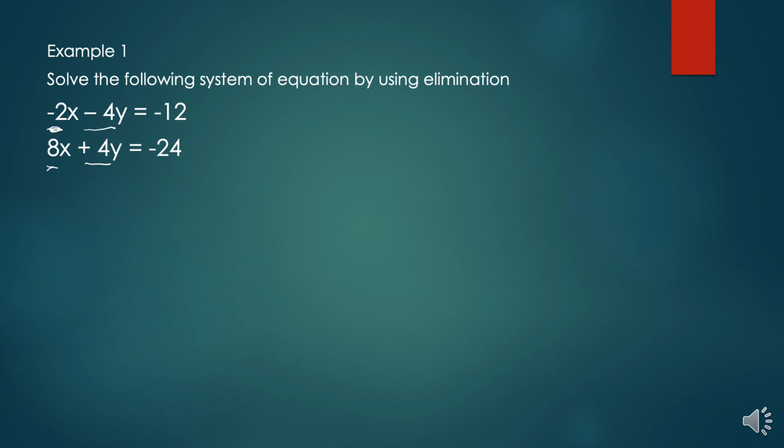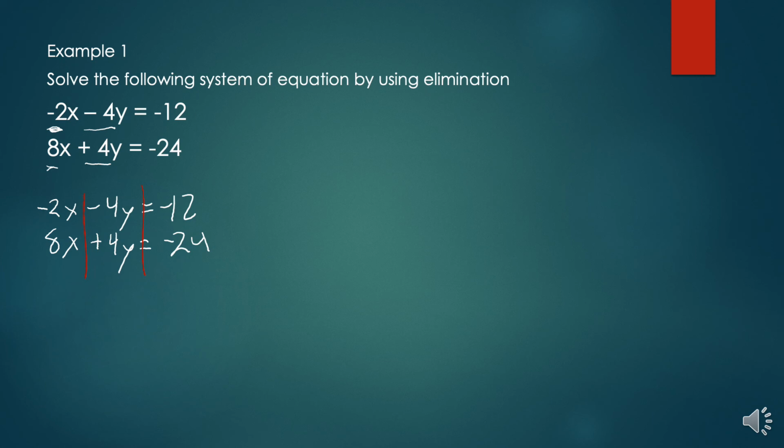So I'm going to rewrite my equations to show my work. Now, to eliminate your variables, basically you're going to line your terms up, x's with x's, y's with y's, constants with constants, and you're just going to combine them vertically.